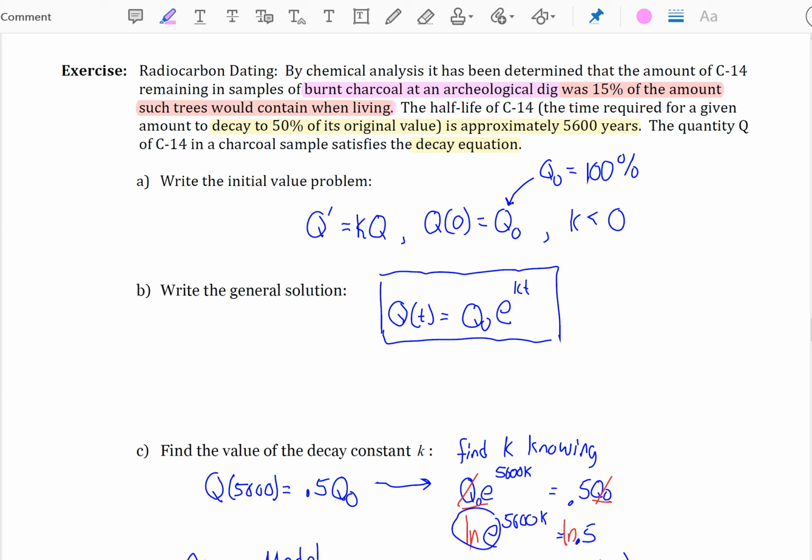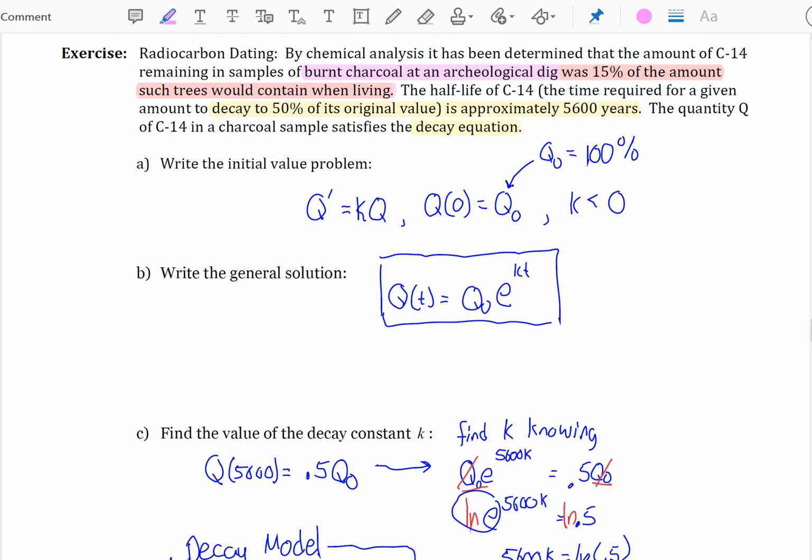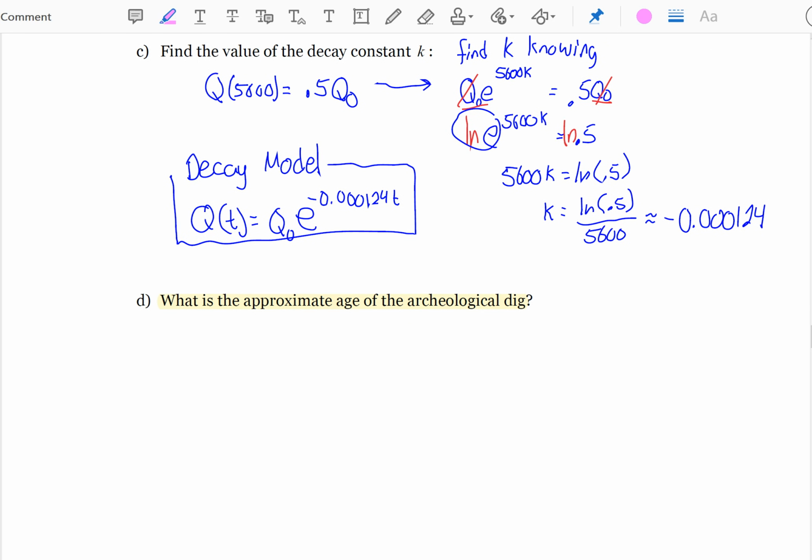So it's 15% of what it should have had. This allows us to say find t such that Q of t is 15% of what it would have had initially. So 15% of Q naught.